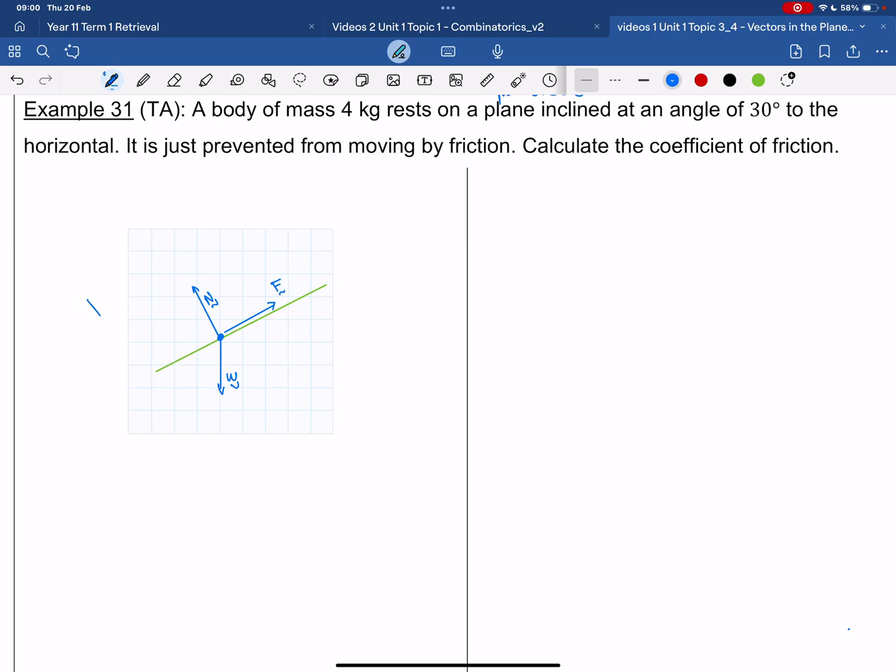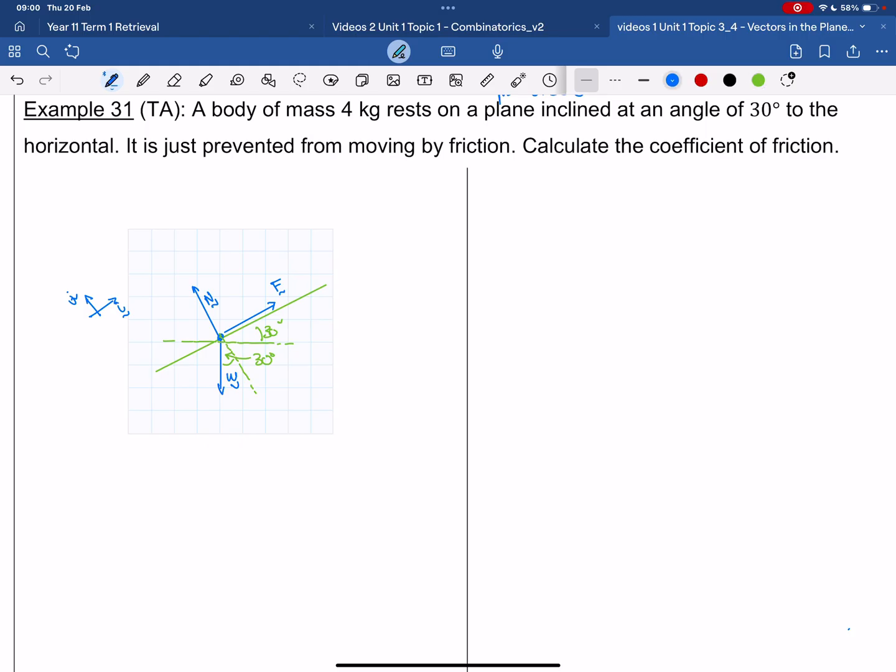And we are going to say that we have tilted our axes to make our calculations easier. Now, our plane is angled at 30 degrees to the horizontal, and so our angle that our weight force makes to our new J plane is also going to be 30 degrees.